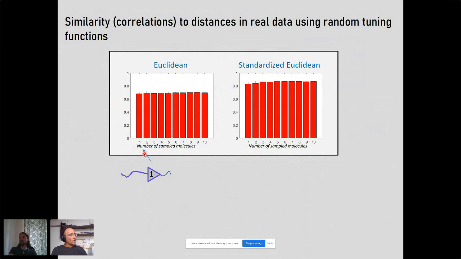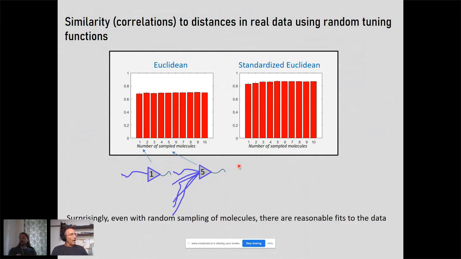For example, here is 1 molecule sampled, and this is for 5 molecules sampled by each mitral cell, and so on. And the conclusion here, and it's a little bit surprising perhaps, is that even with random sampling of molecules, we get some aspects of the data that are really fit well by the model.